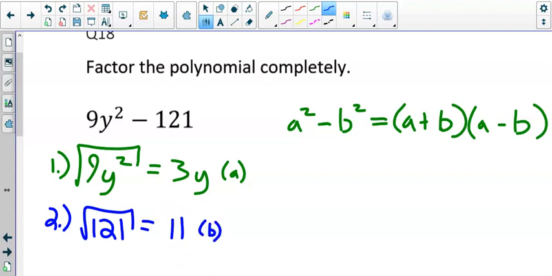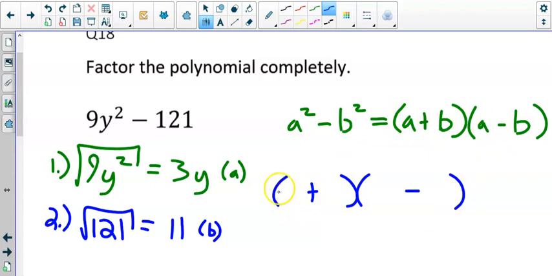All you do is you fill in the parentheses. So in my parentheses, one is a plus, one is a minus. It doesn't matter which one is which. And what goes at the beginning of your parentheses and before the minus and before the plus? It says A. What was A again?